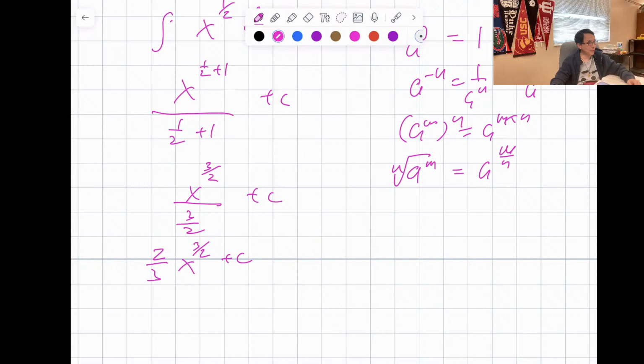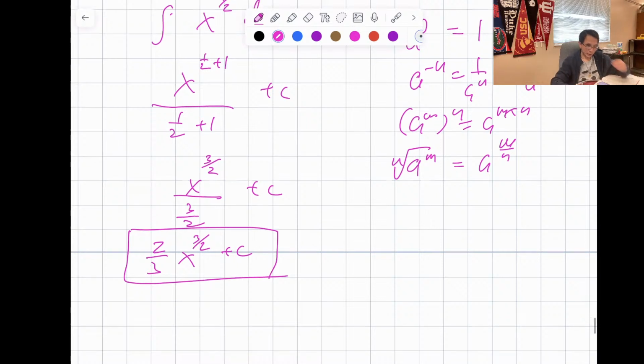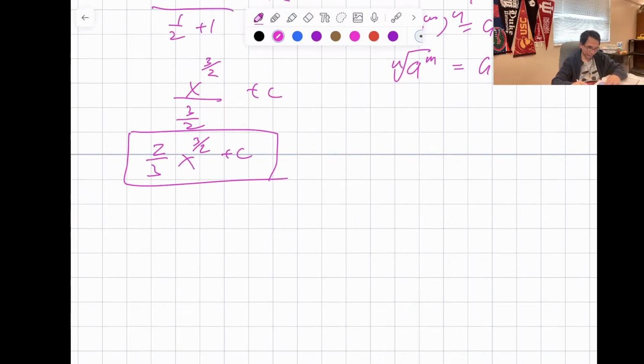Does that make sense? Questions? Is this okay? Okay, we're going to get a little bit harder. So we'll do the integration of 1 over the cube root of x squared dx.